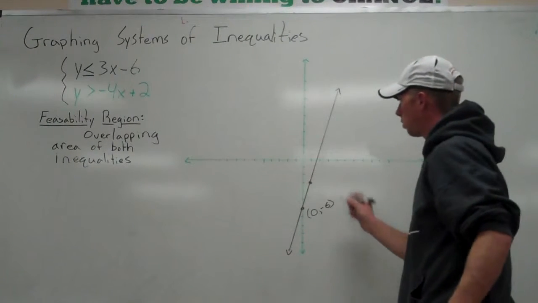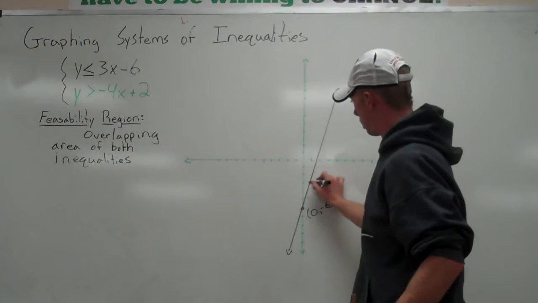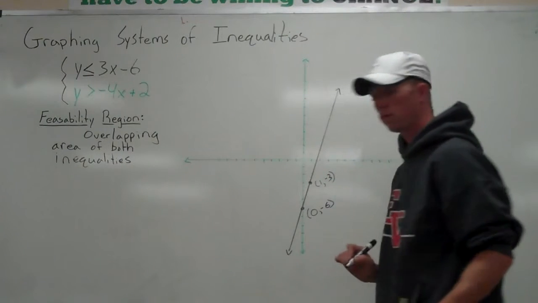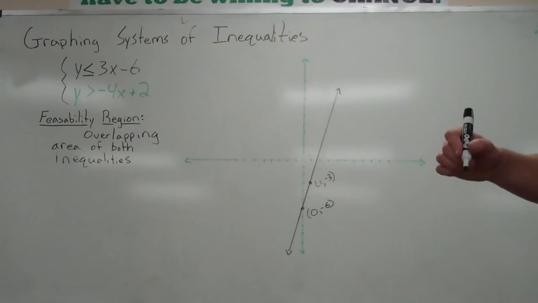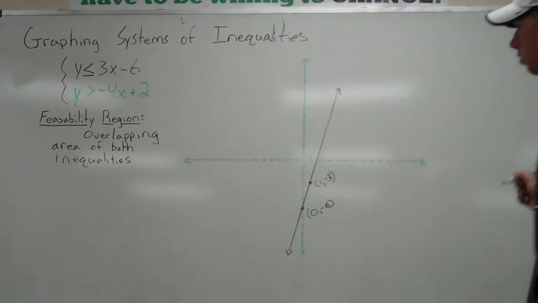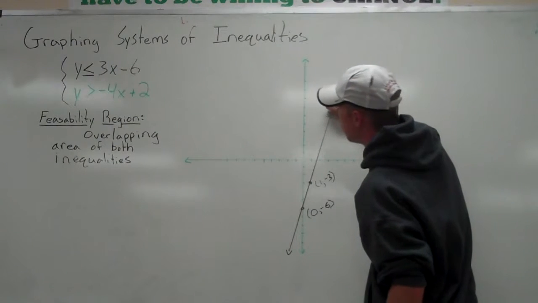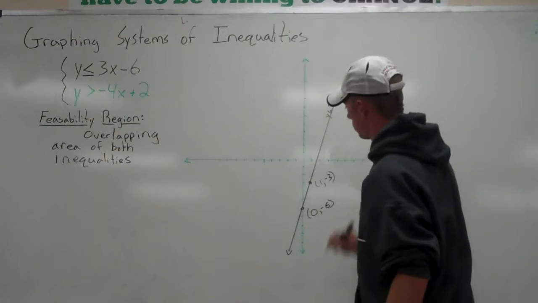The other thing to remember is we want to label this point also, and that is 1, -3. And we also want to label the line, and that labeling the line shows me some understanding of which line is which. So y is less than or equal to 3x minus 6.